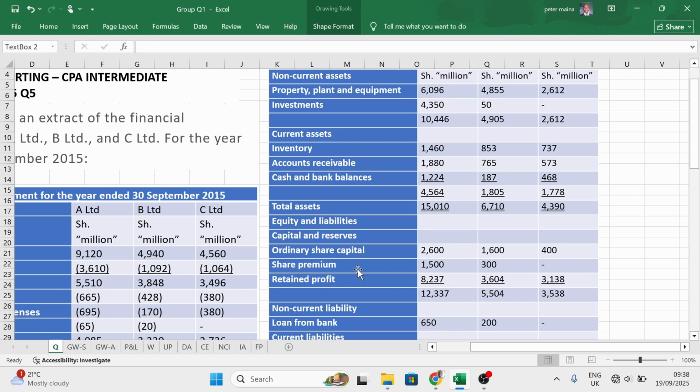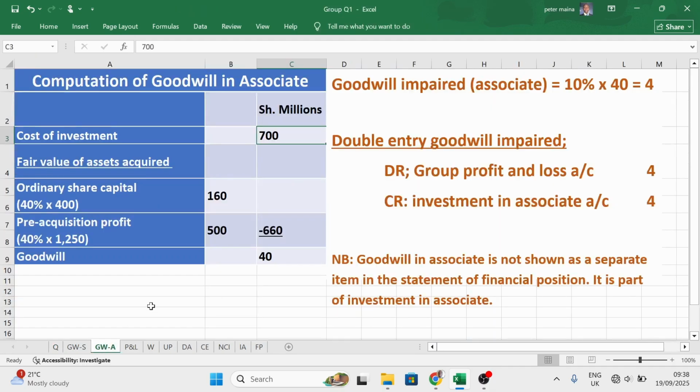C Limited does not have share premium, but for the retained profit, we are not going to take this one. We will take the pre-acquisition retained profit. So we record the ordinary share capital. We take the share of the parent, 40% of 400. And then the pre-acquisition profit. This is something you are supposed to find from the question.